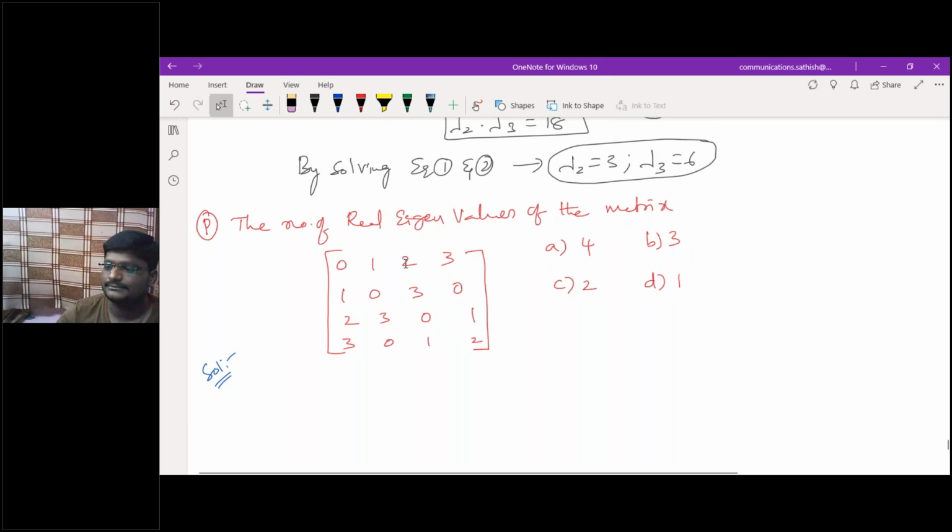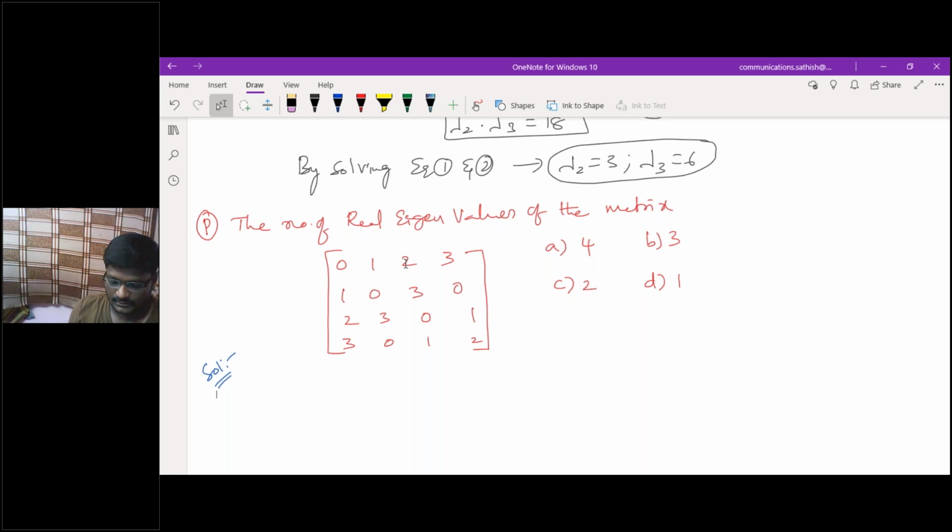How do I have to solve this problem? Any response?